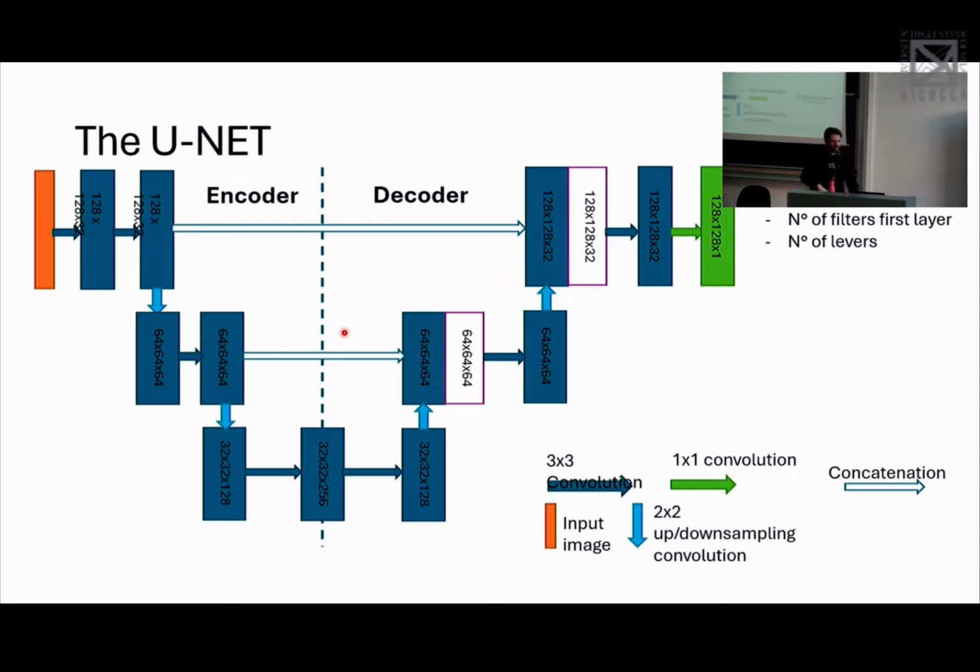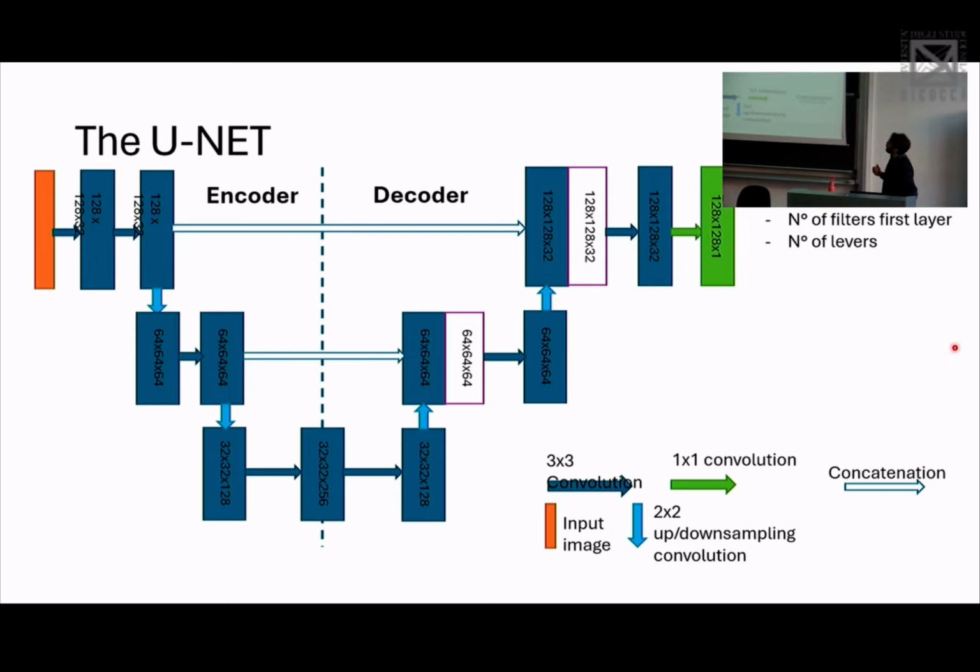What it does is that the features learned at this level of spatial resolution are concatenated with these input features here, and so on at every resolution layer. What this means is that the network is able, therefore, to concatenate some information about the whole image, the whole context, with very local information like the position of contours of some structure.